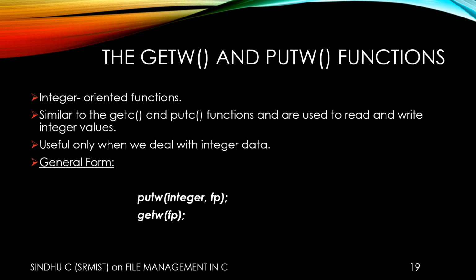The general form is putw, and it takes two parameters: one is the integer, then the file pointer. getw takes in one parameter, which is the file pointer. putw is used for putting the integer value given in the first parameter to the file which is opened in a particular mode using the fp pointer. getw is used for getting the data from the file which is opened using the fp pointer.